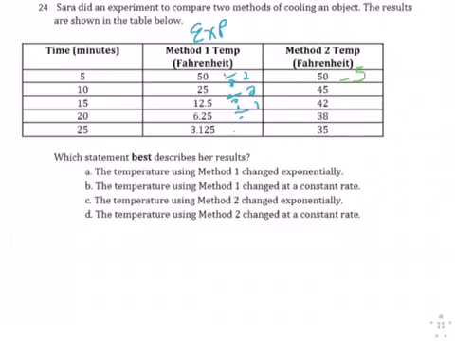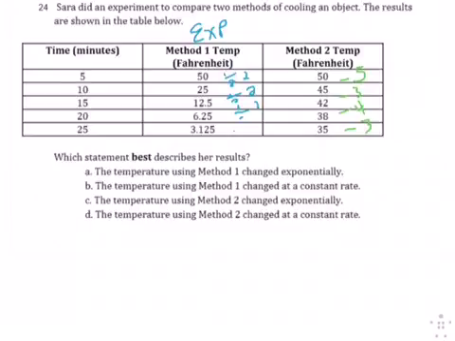From 45 to 42 is minus 3. 42 to 38 is minus 4. And 38 to 35 is minus 3. So on this side, it is a subtraction pattern, but it is not constant. So we're not really sure what type of graph that is right now. It may be a quadratic, the way it's looking, but we're not sure.